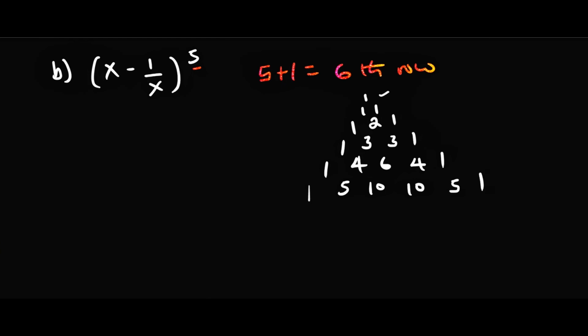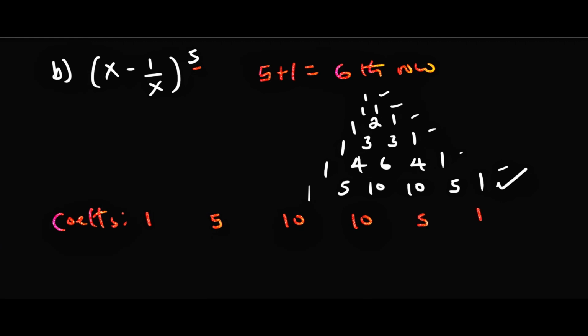So we have 1, 2, 3, 4, 5, 6. So this is the row that we're going to use for the coefficients of this expansion. So we're going to write that the coefficients are 1, 5, 10, 10, 5, and 1.